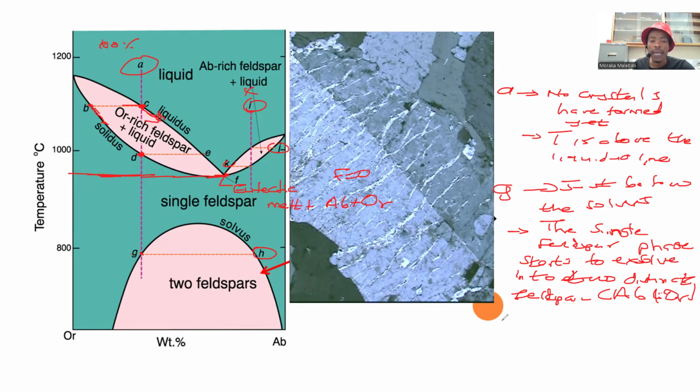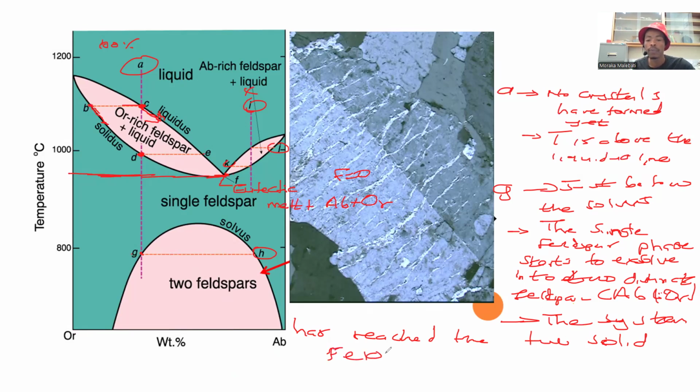So it means now the system has reached the two solid feldspar field. The system has reached the two solid feldspar field.